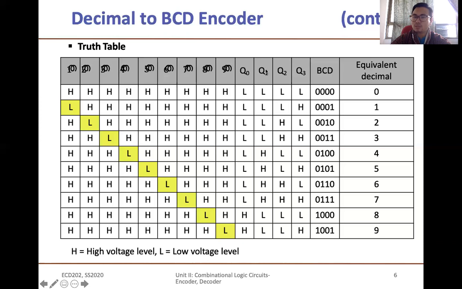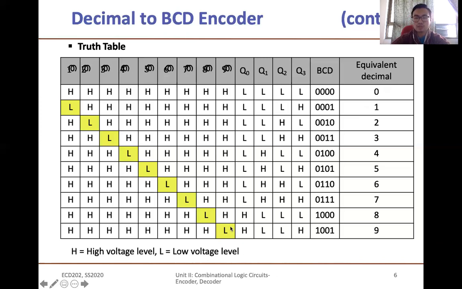And Q3, Q2, Q1, Q0 will be, this will be high, rest will be 0. So therefore 0001, which is equivalent to decimal number 1. So your input is 1, and your BCD should be equivalent to decimal number 1.